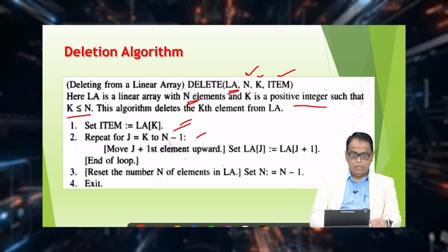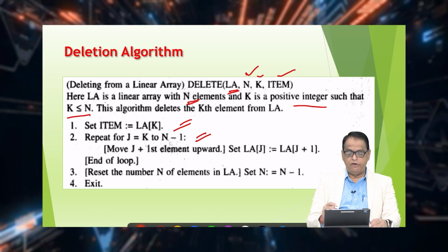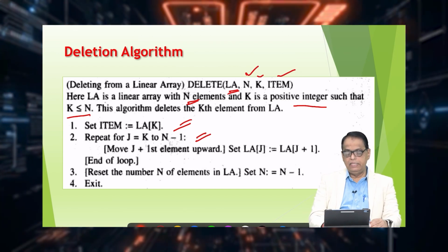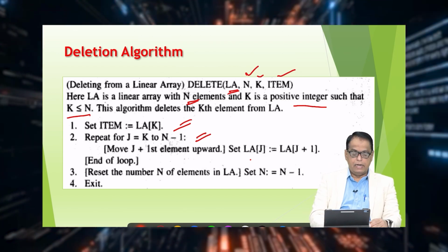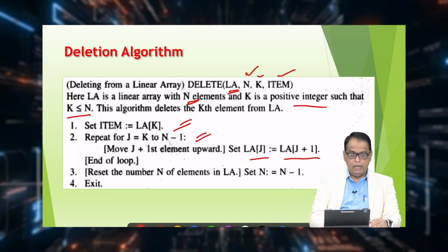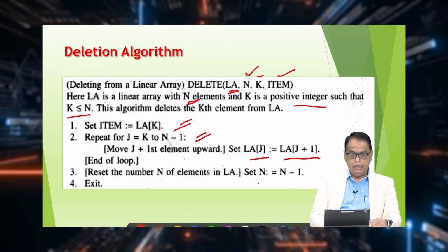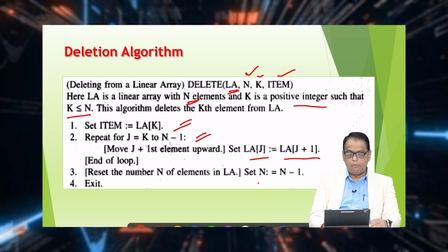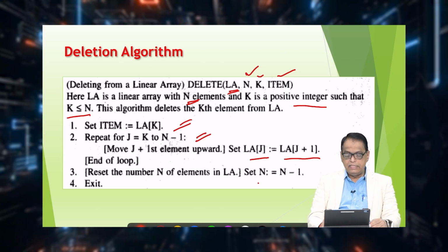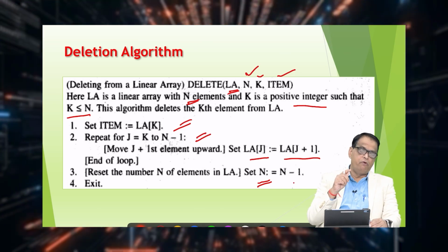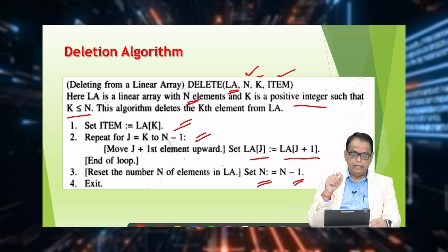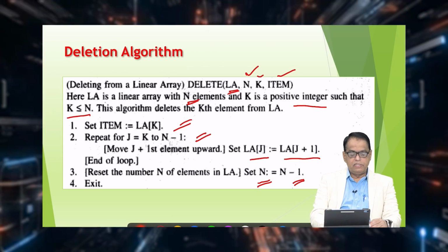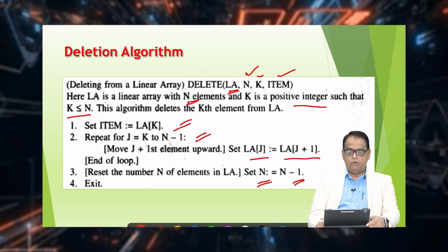We will move the (J+1)th element in the upward direction, so that LA[J] equals LA[J+1], and this loop will be repeated until the value of J becomes N minus 1. Then we will reset the number of elements in the array as N equals N minus 1, because we have deleted one element from the array, and therefore the number of elements is decreased by 1. Then we exit the algorithm.